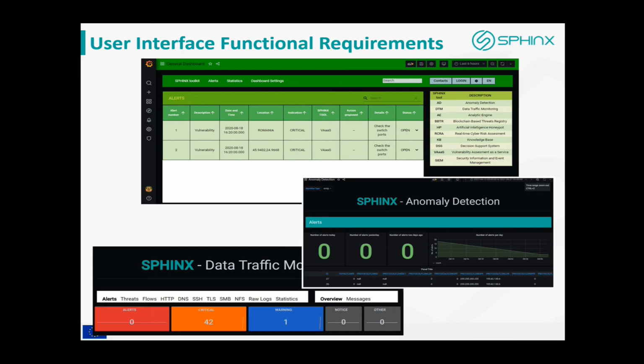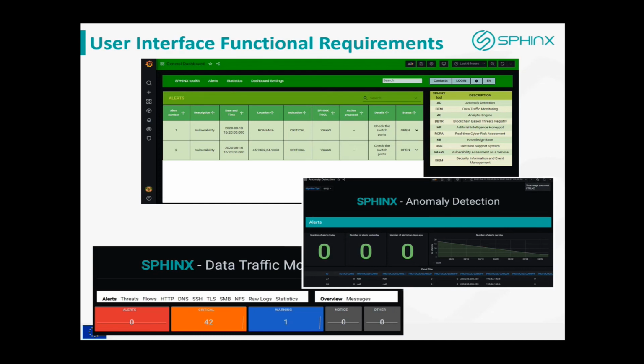That's why for us it is very important to have, as I already mentioned a few times, a centralized system in which we can access various components of the SPHINX ecosystem, whether we speak of data monitoring, anomaly detection, data traffic, and so on.